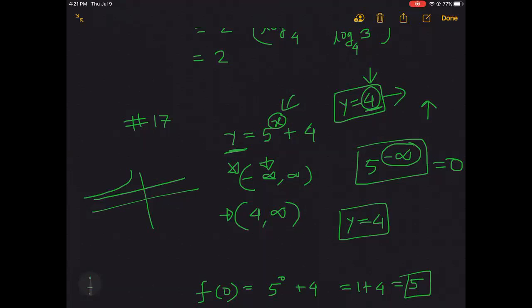log 3 base 5 and log 45 base 3. So first of all, for your convenience, you're taking the base as 5. I understand. So it will be log 3 base 5 and log 45 base 5.